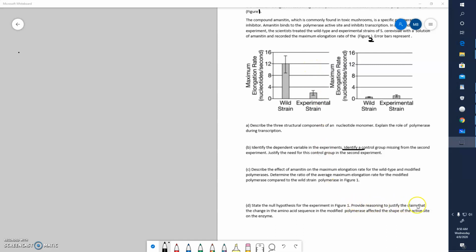Lastly, provide the reasoning to justify the claim that the change in amino acid sequence in the modified polymerase affected the shape of the active site on the enzyme. I'm not a big fan of the way they do that.